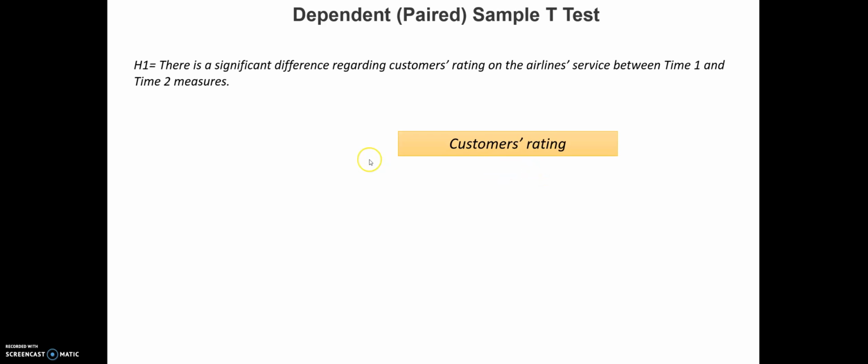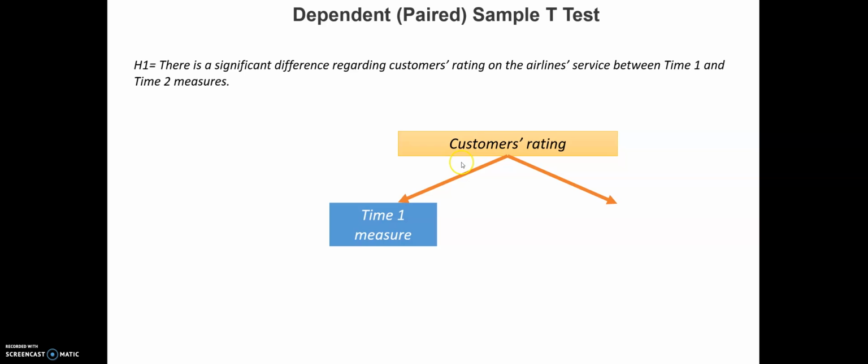So let's say that I have an alternative hypothesis like this. H1: there is a significant difference regarding customer rating on their airline service between time 1 and time 2 measures. So my research hypothesis will be like that. I have customer rating, which is my dependent variable.